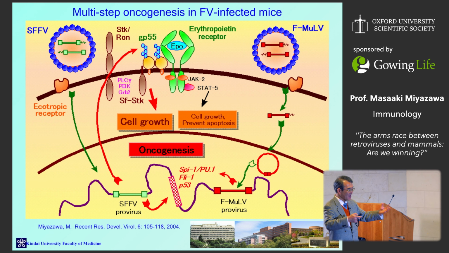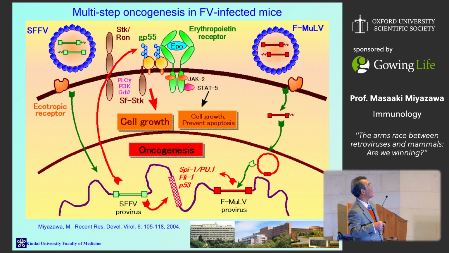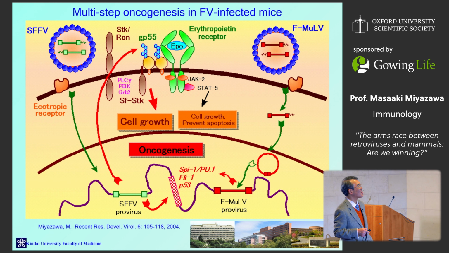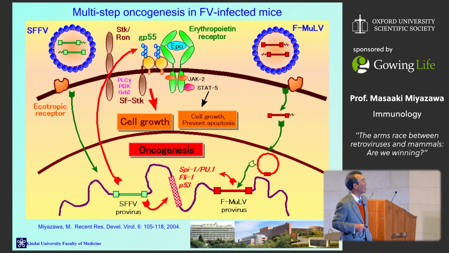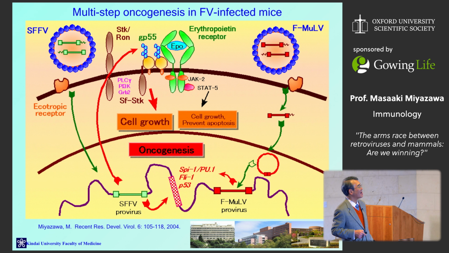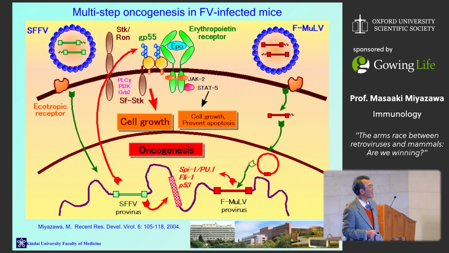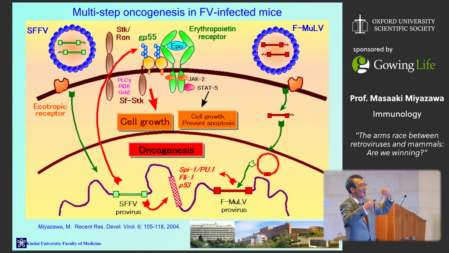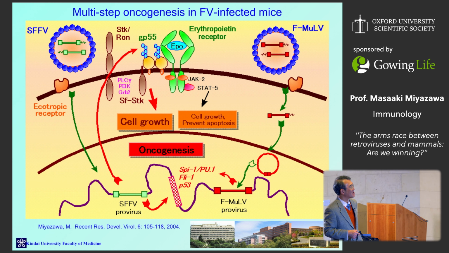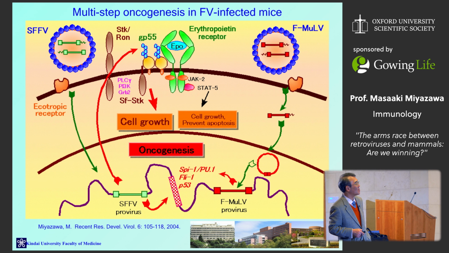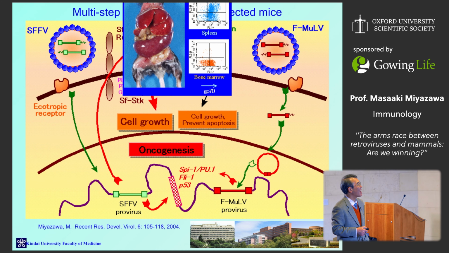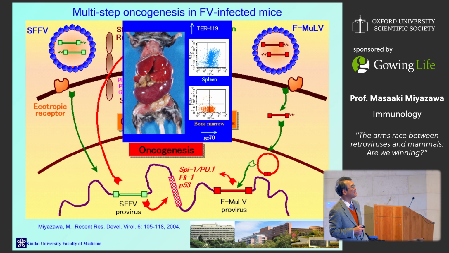And proliferating cells are reinfected by Friend virus, either the SFFV component or the Friend helper virus, the replication competent component. The repeated integration finally causes the expression of the PU.1 gene, a key molecule in regulating the differentiation of hematopoietic cells. So growing, proliferating hematopoietic cells stop differentiating due to the induced high expression of PU.1, and this finally causes leukemia.